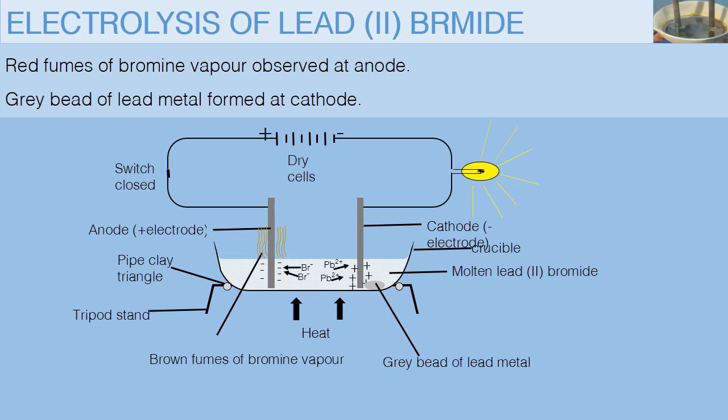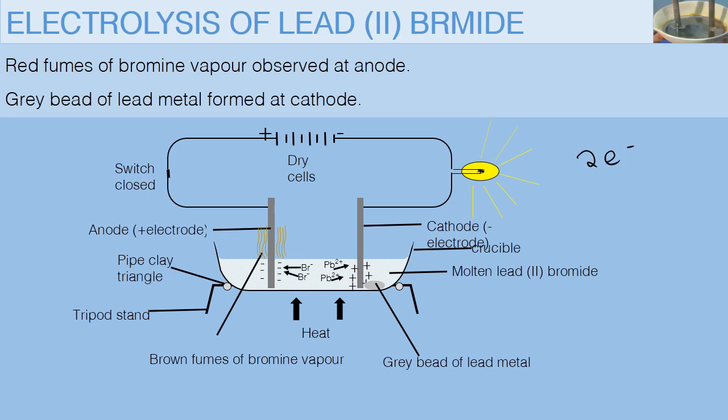From our previous class, we learned that the positively charged lead-2 ions are attracted towards the cathode, and once they get to the cathode, they pick up 2 electrons and form lead metal.